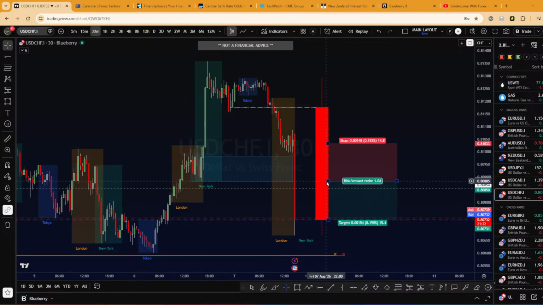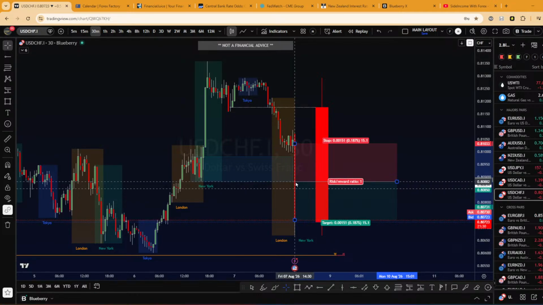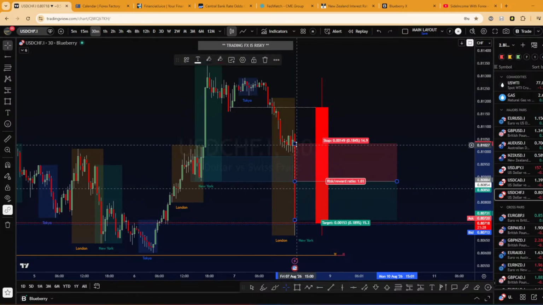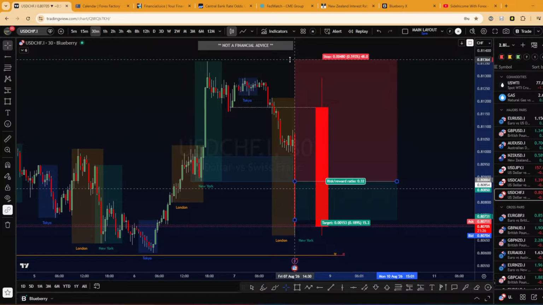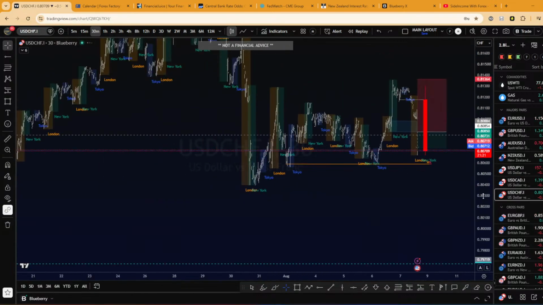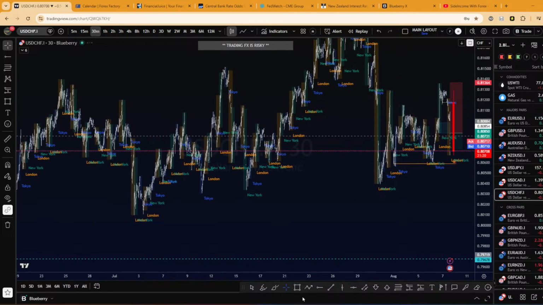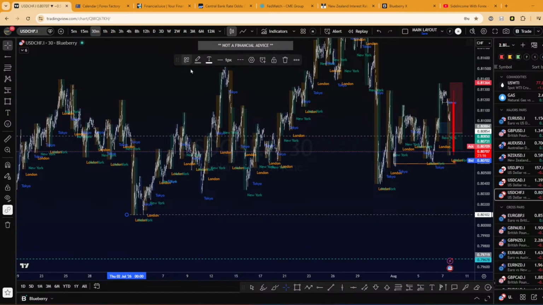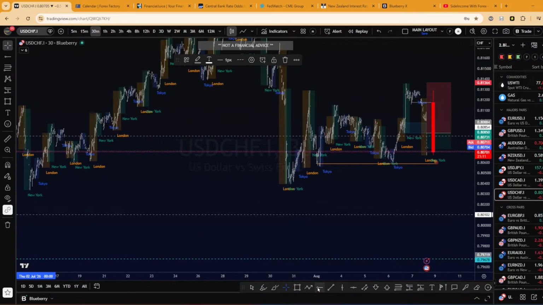So somewhere here will be very interesting. The stop, as I said, just above this high, and we want to target this low right there as a realistic target, and we also have this low right there.